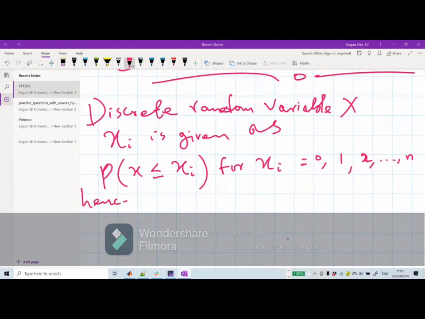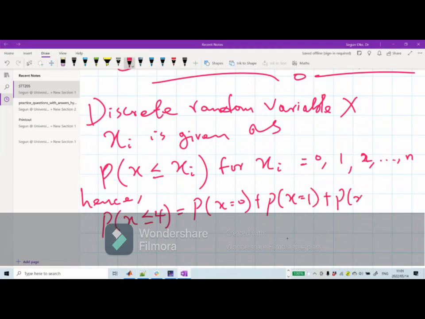Hence, if I say the probability of X less than or equal to 4, it simply means the probability of X equals 0 plus X equals 1 plus X equals 2 plus X equals 3 plus X equals 4.